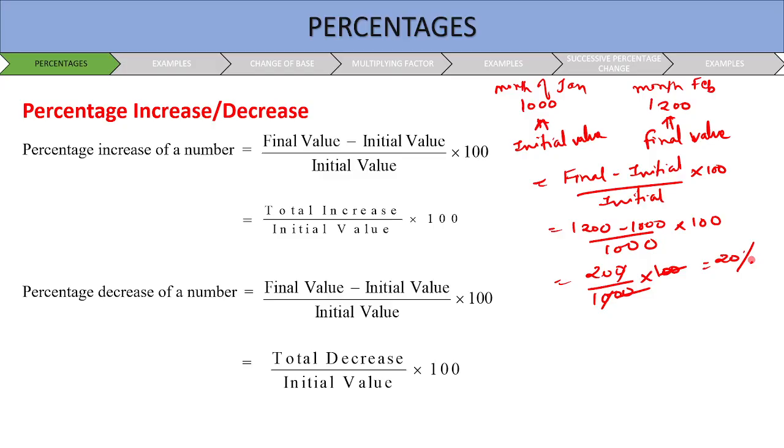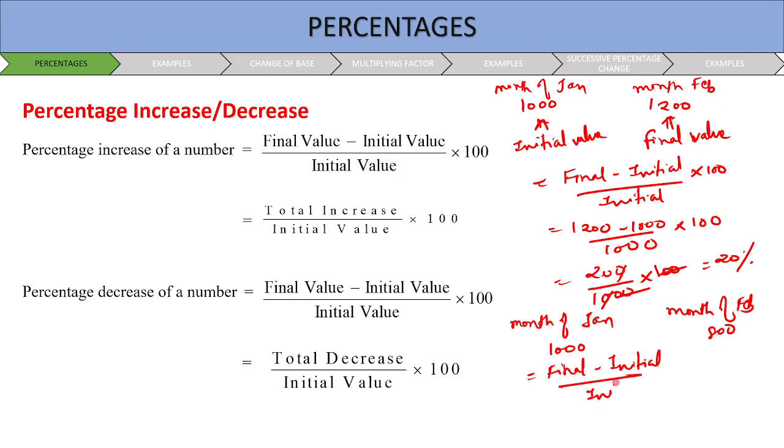And if we talk about percentage decrease, then let's say in the month of January your salary was 1000, and in the month of February your salary is 800. So then you will apply the same formula, final value minus initial value divided by initial value into 100, which will be 800 minus 1000 divided by 1000 into 100.